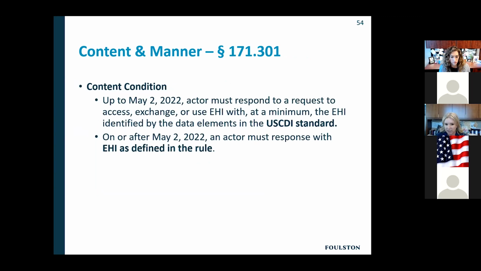And Amanda mentioned it earlier, up to May 2nd, 2022, you are limited. You don't have to do anything more than disclose the data elements in the US CDI, which I think we've had 2 or 3 slides of all that data. So it's still a lot. After May 2nd, it's all electronic health information, which is electronic protected health information in your designated record set.